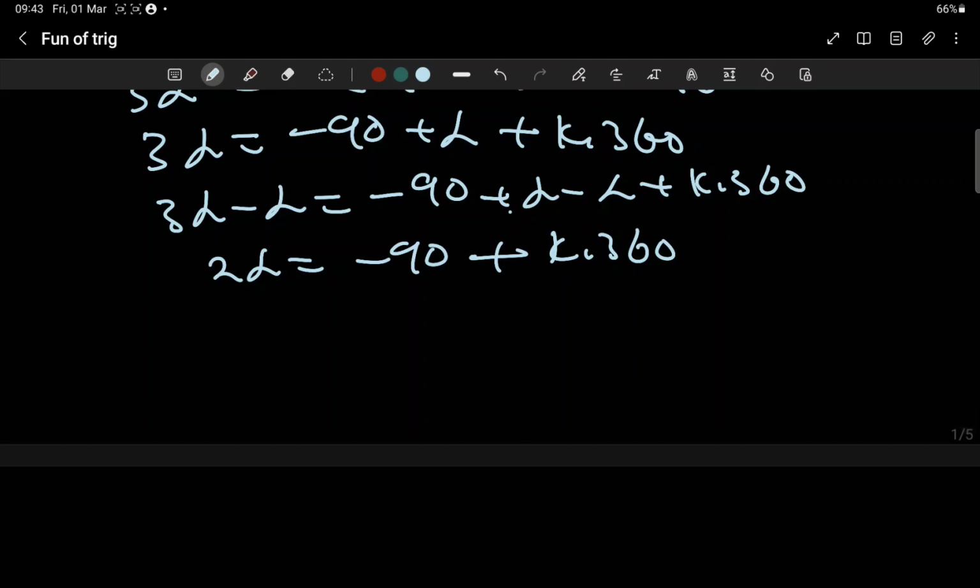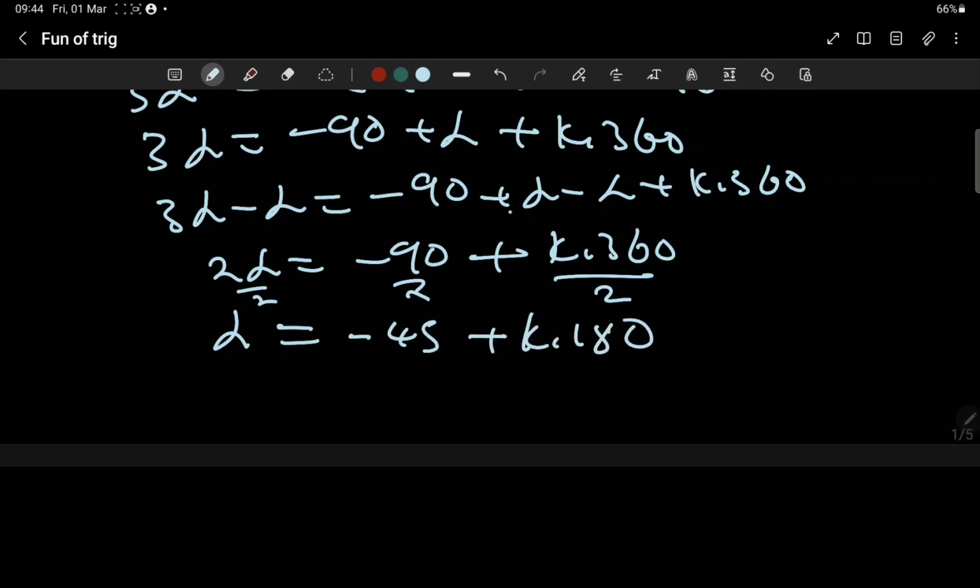If we divide everything by 2, we'll have alpha equals, over 2, over 2, over 2. This is negative 45 plus k 180.